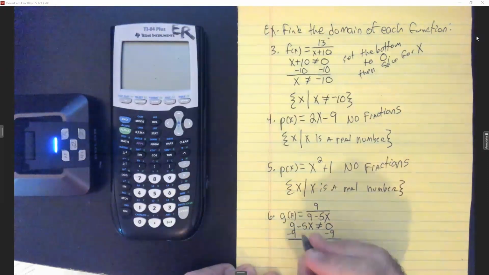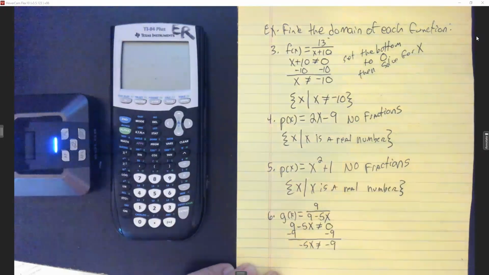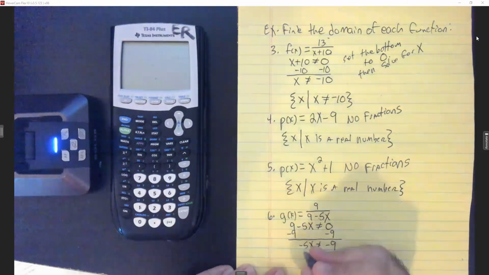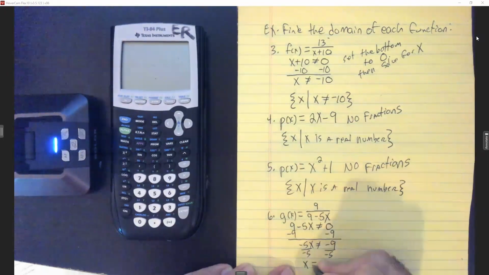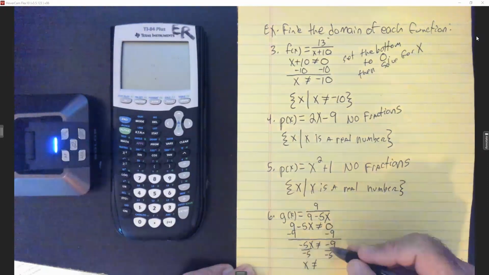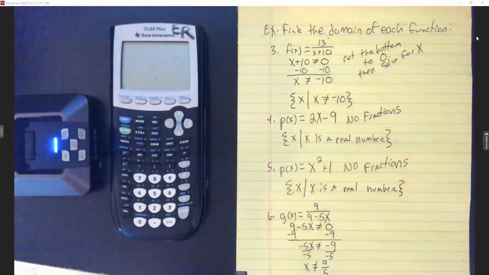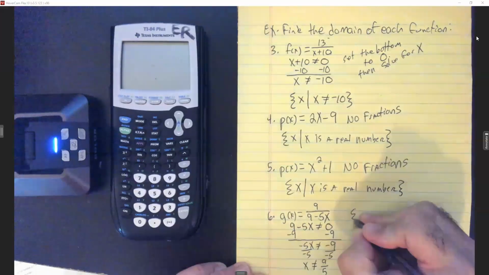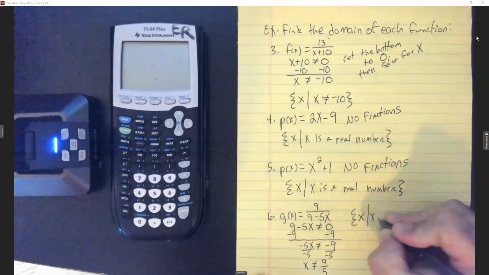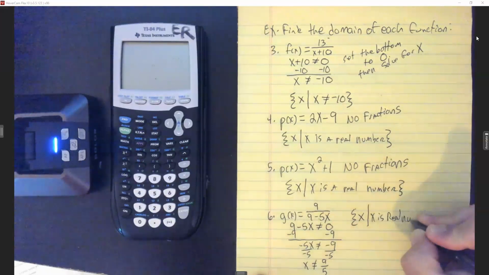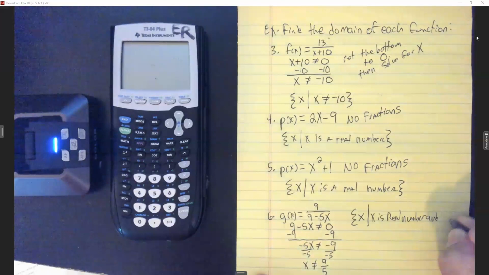That'll give me negative 5x is not equal to a negative 9. And then divide both sides by that negative 5. So that x cannot equal, now notice these negatives cancel, so this becomes a positive 9 over 5. So our answer would be x such that x is a real number and x is not equal to 9/5.